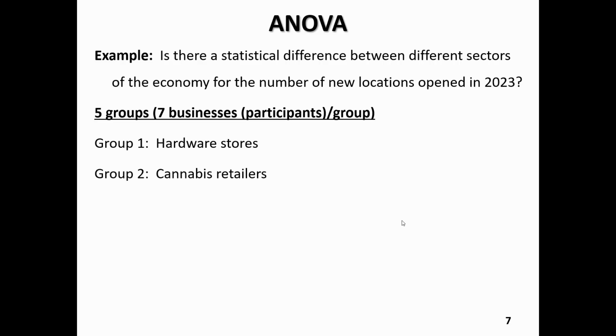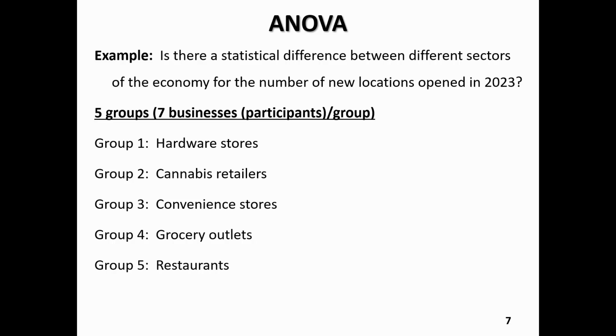And so what we have here is we've identified 5 different groups. Our first group includes hardware stores, our second group is cannabis retailers, our third group is convenience stores, and grocery outlets and restaurants round out our 5 groups.